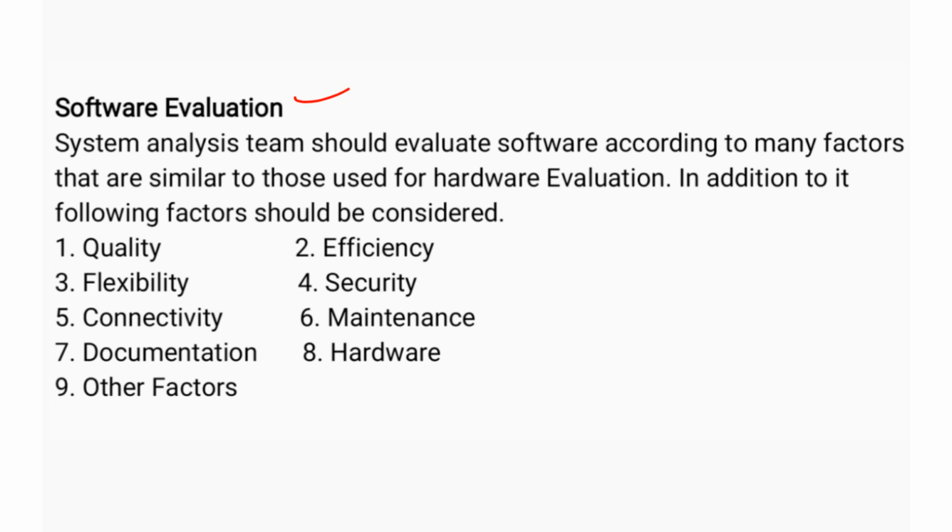Next is software evaluation. Once the hardware is done, the system analysis team should evaluate software according to many factors that are similar to those used for hardware. The previous ten points we explained apply here also. In addition, they have to think of the quality of the software, efficiency, whether it is flexible for frequent changes, adaptability, security factors, connectivity, maintenance, and documentation, because documentation is very necessary.